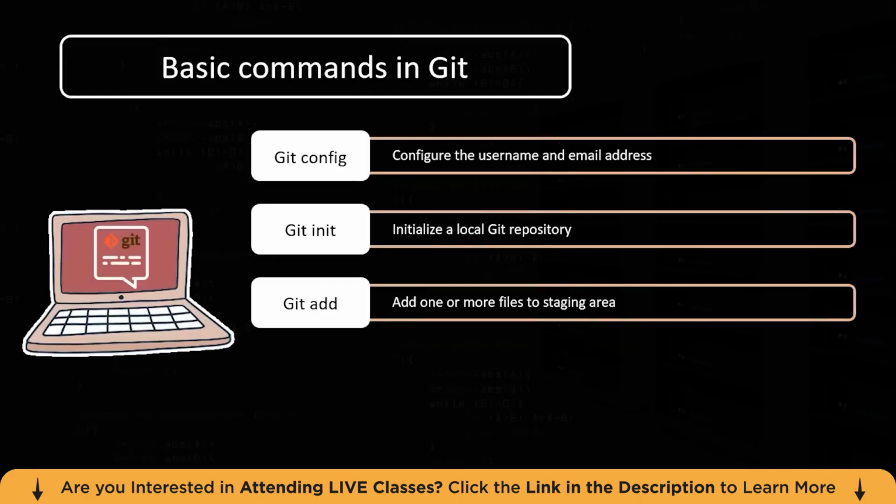So when you do git add, it moves the files from your working copy to the staging area, and they remain there unless and until you run git commit, so that these files from the staging area are permanently written into the local repository. So it's very important that you run git add before running git commit.